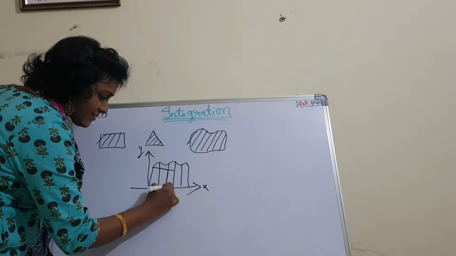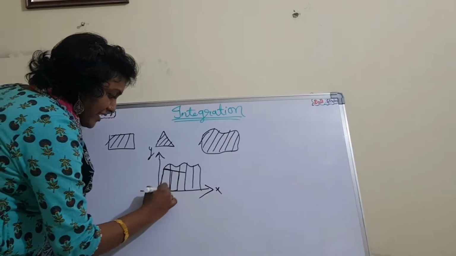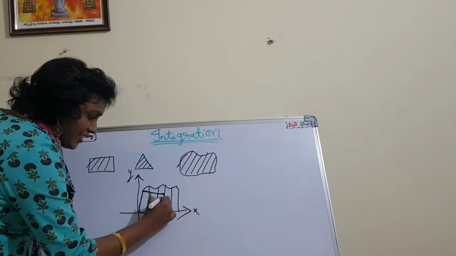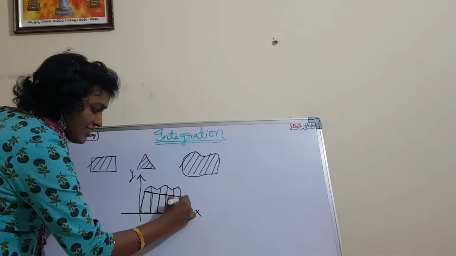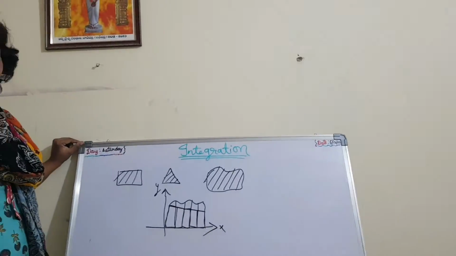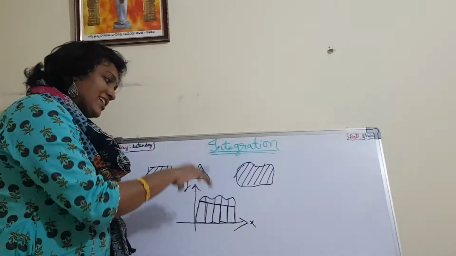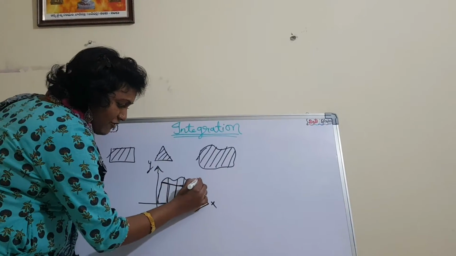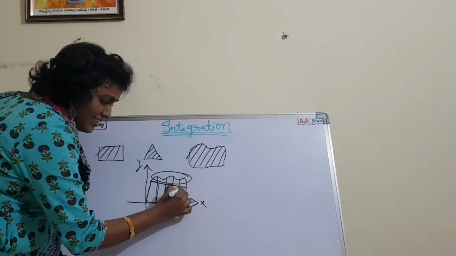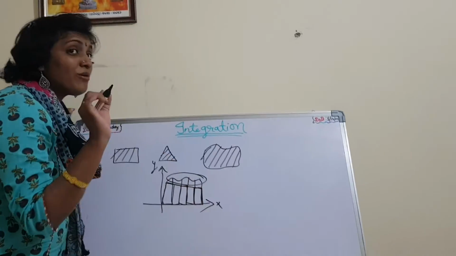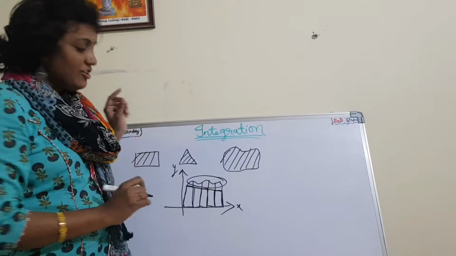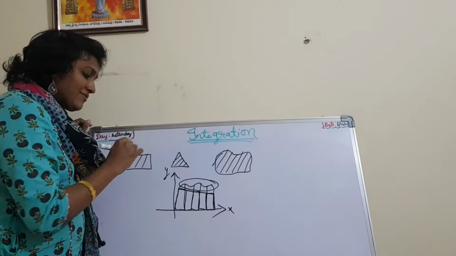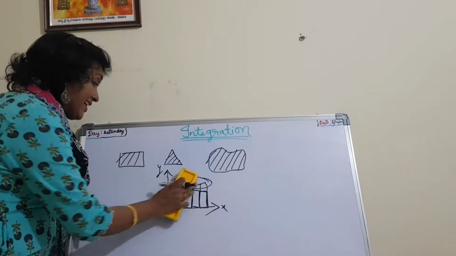This is one rectangle, this is one rectangle, this is one rectangle. But we cannot find the area of the curved part. We can only find the rectangle's area, because we only know the formula for the area of a rectangle. We don't know the formula for this, that's why we divide it very small.